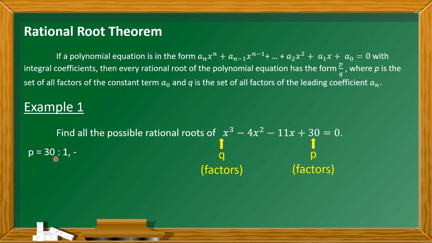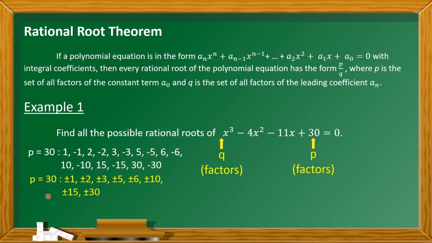The factors are positive 1, negative 1, 2, negative 2, 3, negative 3, 5, negative 5, 6, negative 6, 10, negative 10, 15, negative 15, and 30, negative 30.